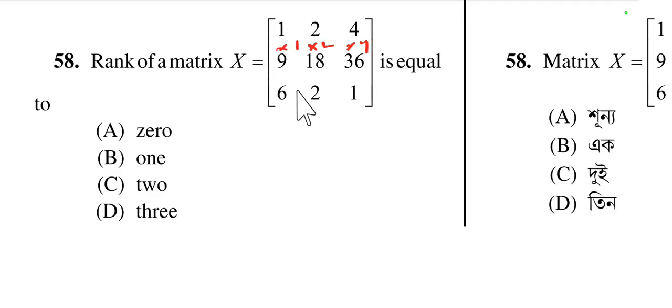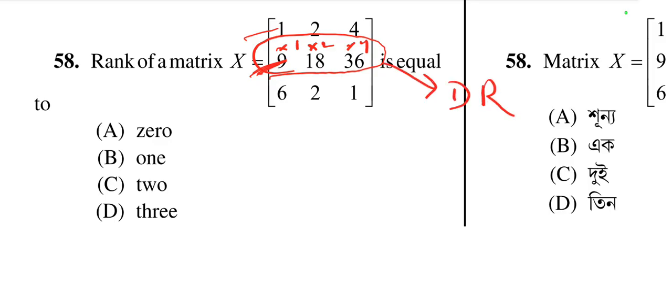Thus we have two linearly independent rows, which means the rank of the matrix is 2.